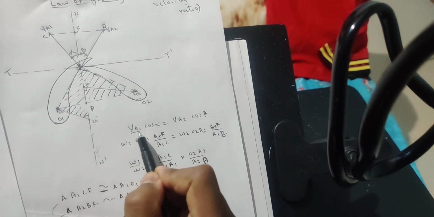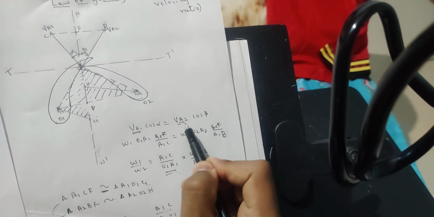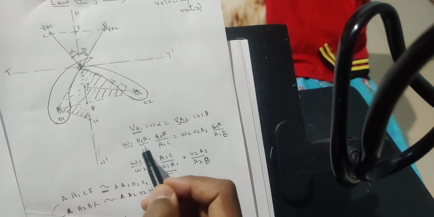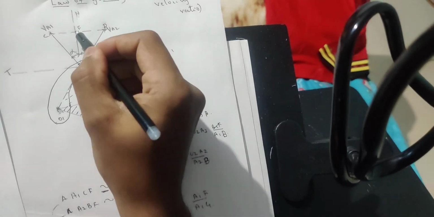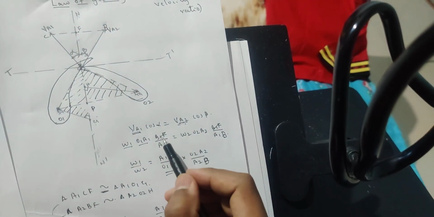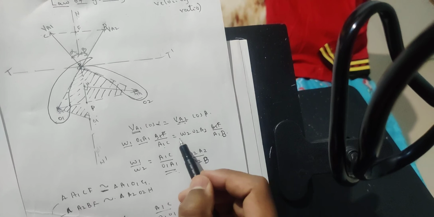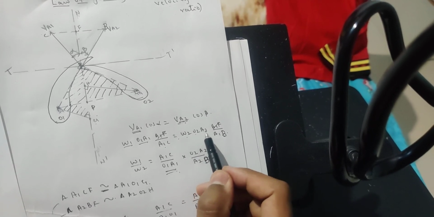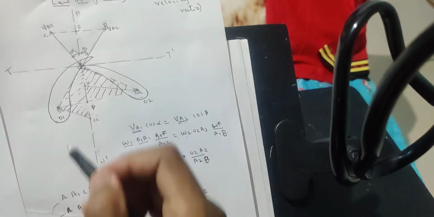V is a linear velocity, and I can convert this into angular velocity. It becomes omega 1 into the radius of rotation, this is O1A1. Similarly, what is cos alpha here? This is the base and this is the hypotenuse, so A1F upon A1C. Similarly, omega 2 O2A2 times A1F upon A1B.